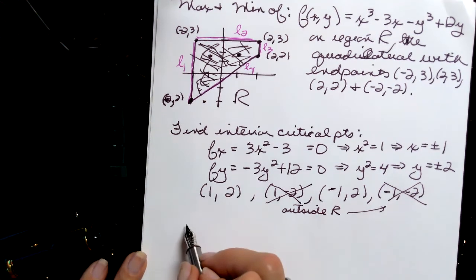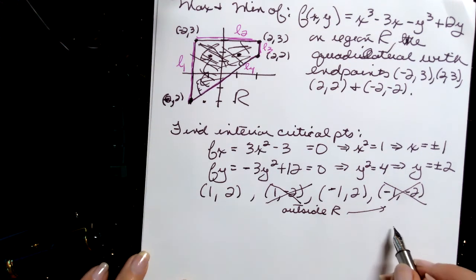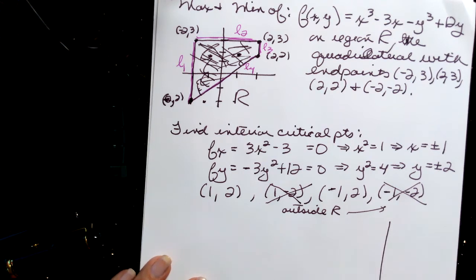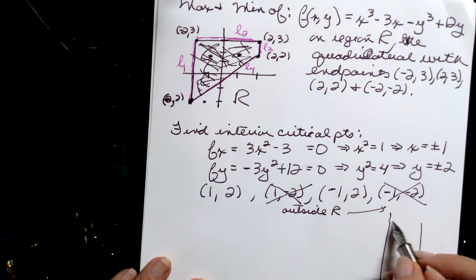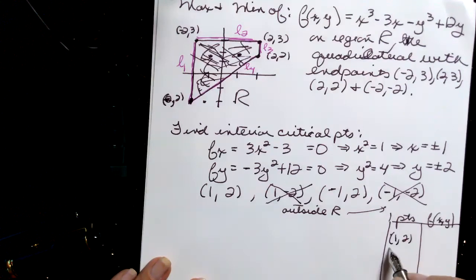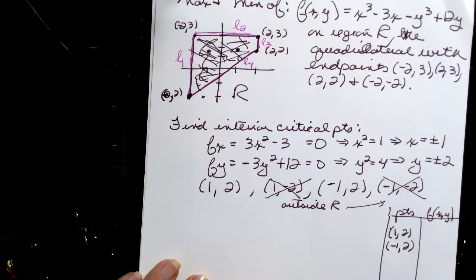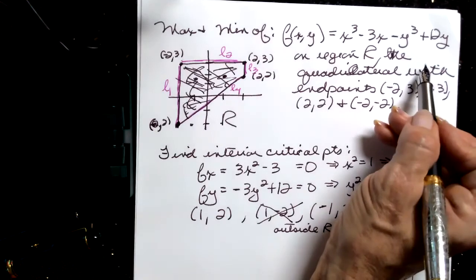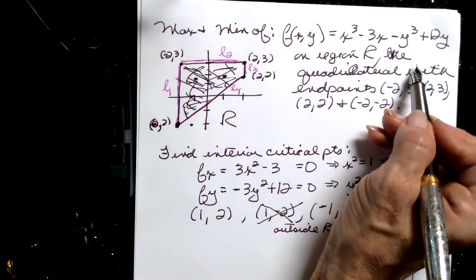So from this, we get the points. We'll make ourselves a little list over here, places that we have to check. So let's do the points and then the value of f of x, y. So we have (1, 2) and (-1, 2). And if you check, now I just take these values 1 and 2 and plug into the function and work out what I get.